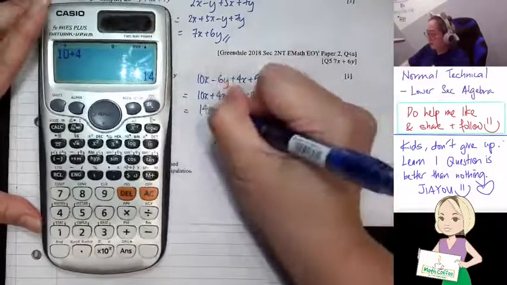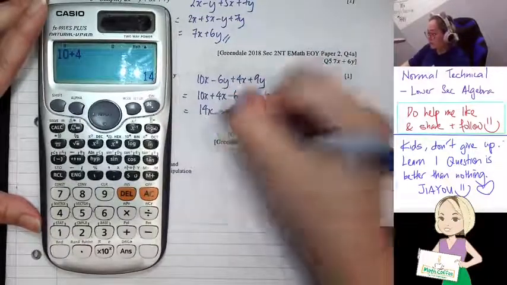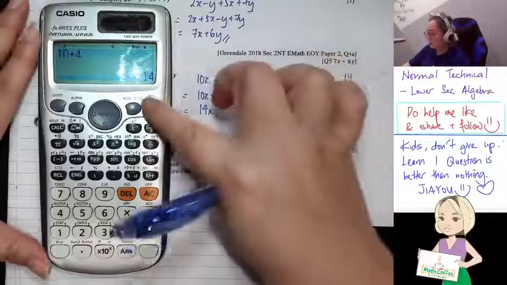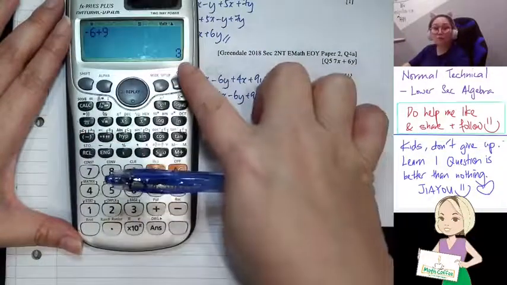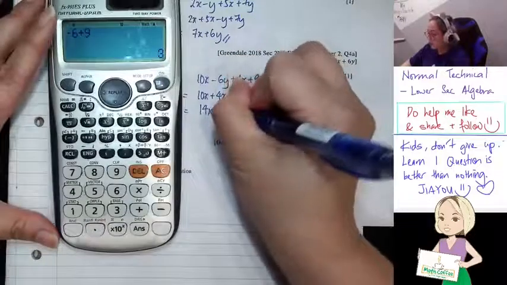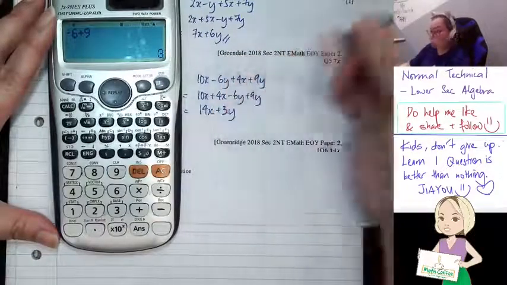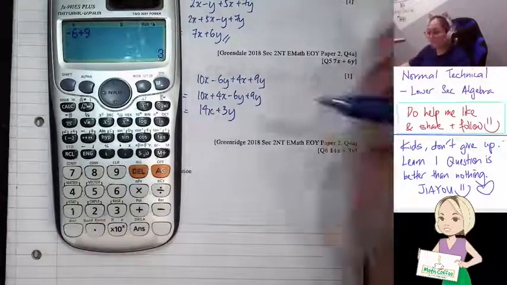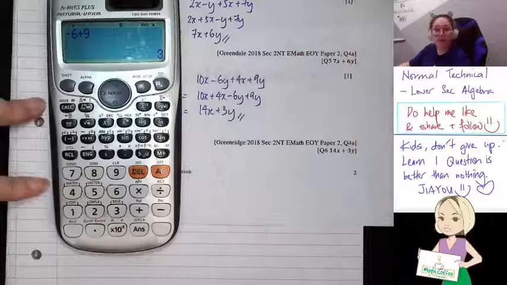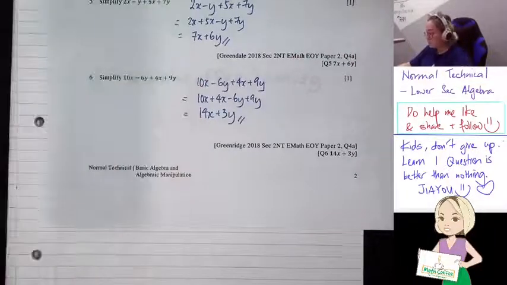So 14, don't forget to put back your x. This one, minus 6 plus 9. So it's negative 6 plus 9, which gives us a positive 3. So it is a positive 3, and remember to put back your y. Again, 14x plus 3y is unlike terms. You cannot simplify them further. So this is your final answer.